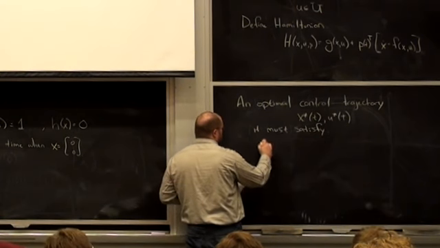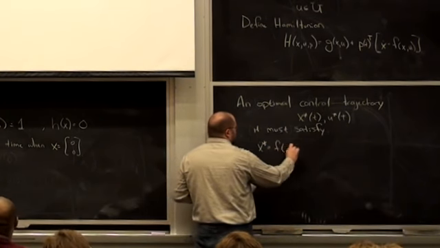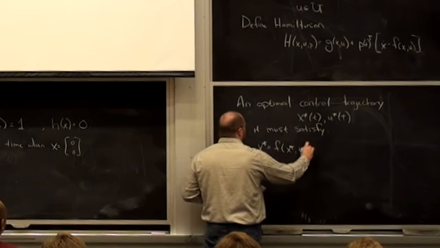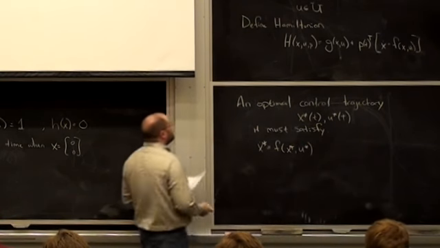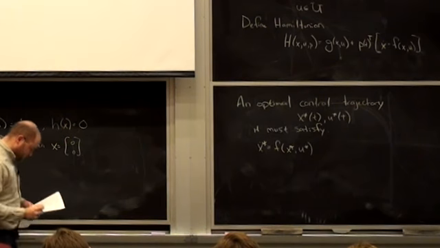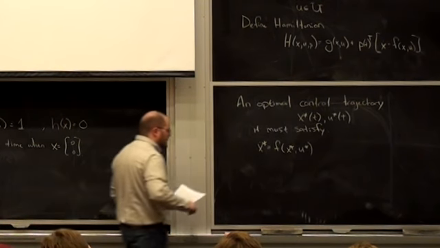First of all, we know it must satisfy x dot equals f of x star, u star. That was already one of our conditions.